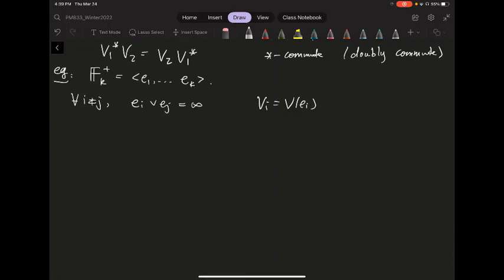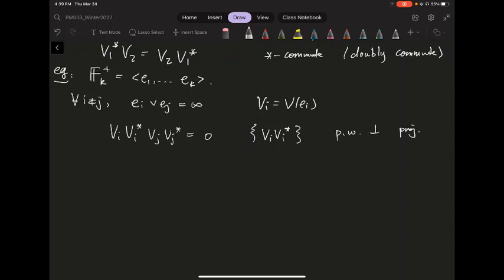What the Nica covariant condition tells you is that because E_i and E_j have no common upper bound, their range projections have to be equal to 0. In other words, the V_i V_i star form a collection of pairwise orthogonal projections.